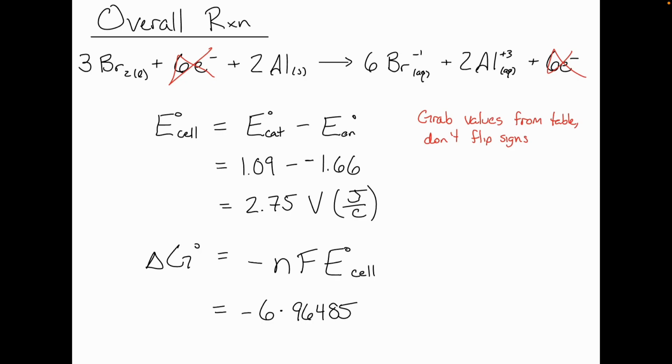96485, I guess for being good about units, 6 moles of electrons. This is coulombs per mole electron. Times now that 2.75 joules per coulomb.